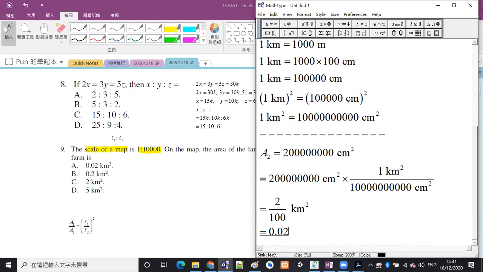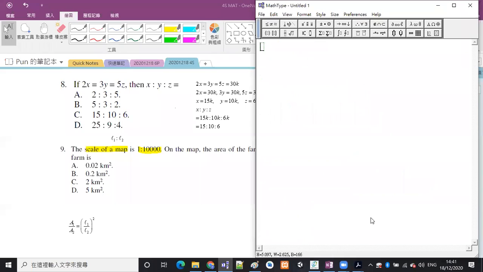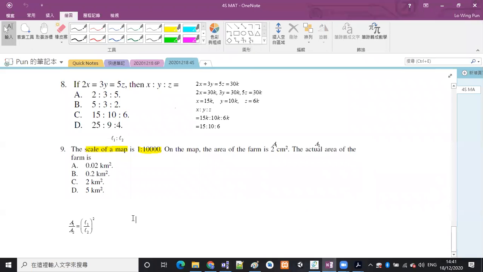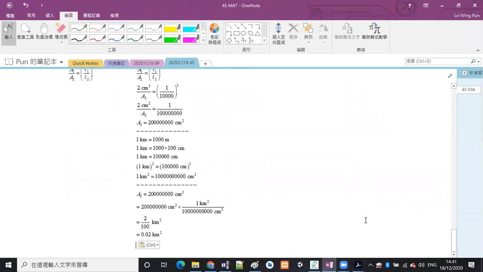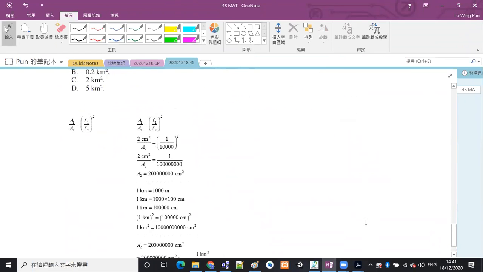It should be 0.02 km square. So the answer is option A. It's okay?